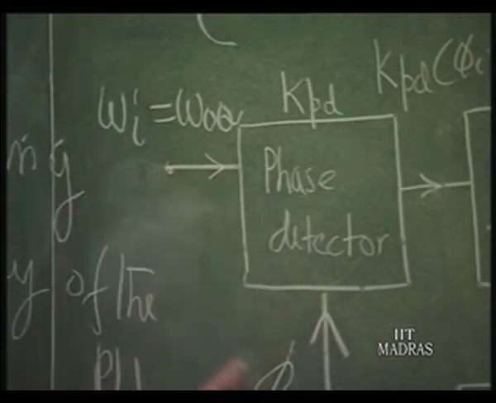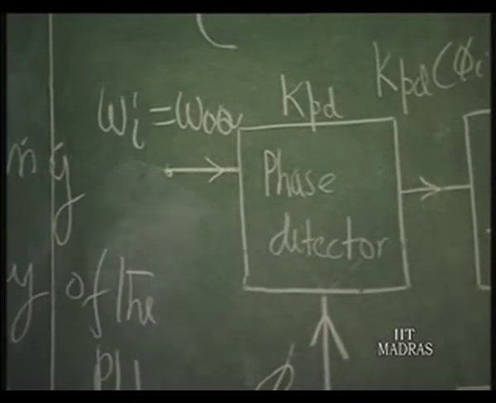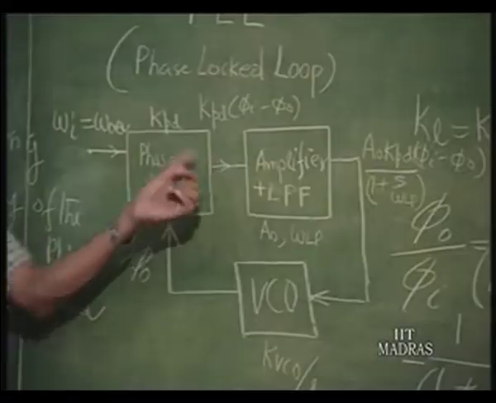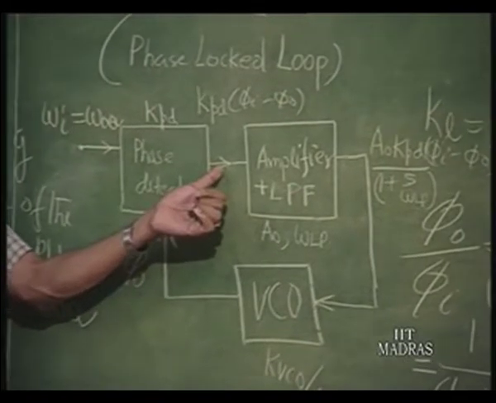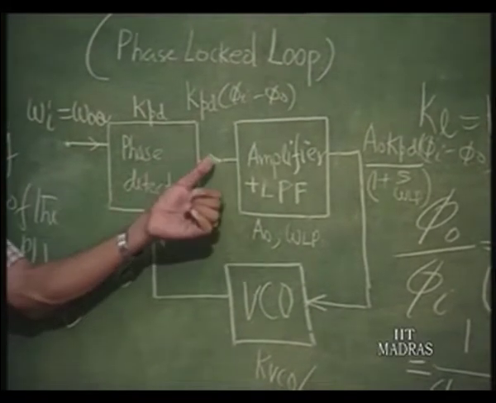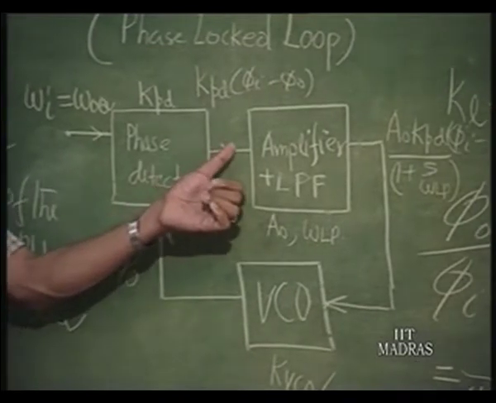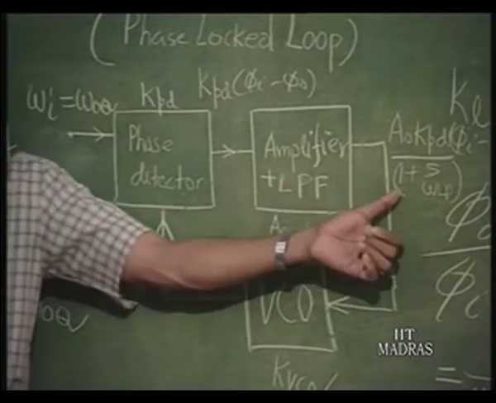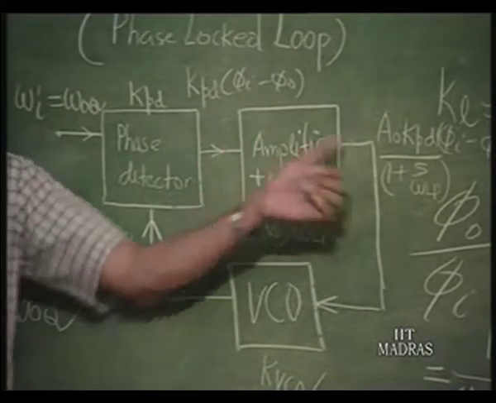So, since the incoming frequency is already the same as the free running frequency, the output will be twice omega naught q and 0 frequency, which means DC. That means there must be a DC here, okay, and twice omega naught q. Twice omega naught q is not permitted here.